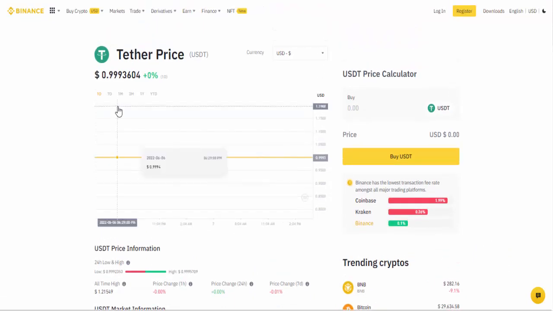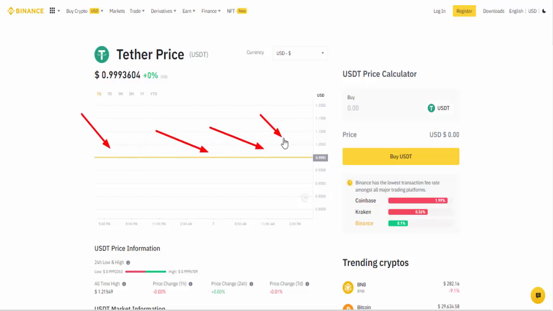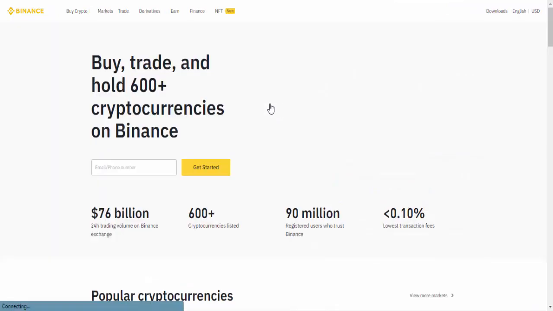But if you spend your money on a stable coin, there is no chance of loss, because it always remains stable, and your money will stay almost the same even if you do not use it for trading for a long time. So the next coin in our list, let me click on back.